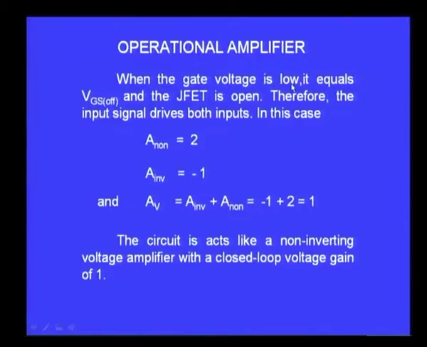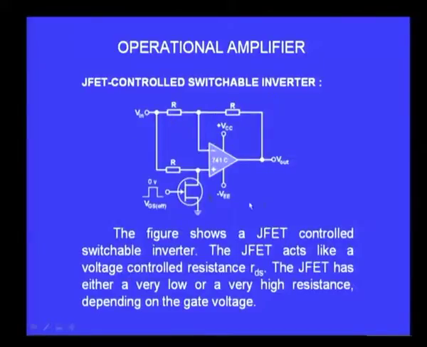Now, what is going to happen when the gate voltage is low? That means I have 0 volts at the gate. That means the JFET will become open. The resistance of the JFET when there is no gate voltage will be very high. It is almost like an open switch. Therefore, when that happens, this terminal is open, and that means the input voltage is driving both the inverting and the non-inverting input simultaneously, and the values of resistors are the same.